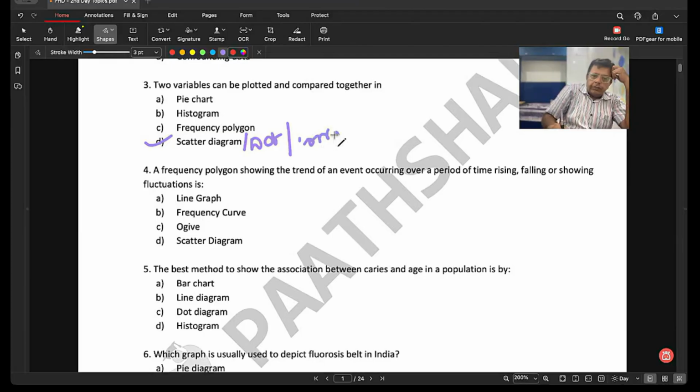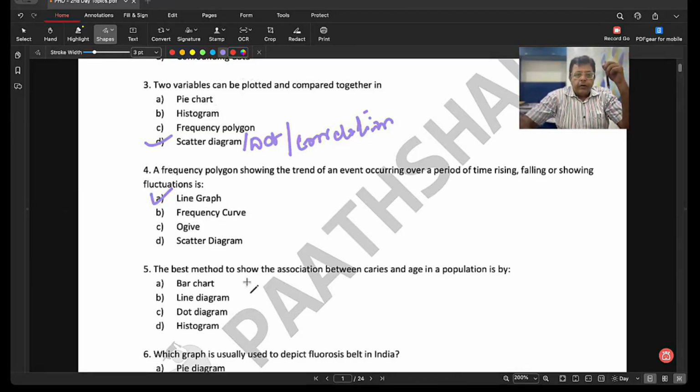That means you are correlating two different variables. A frequency polygon showing the trend of an event occurring over a period of time, rise or a fall. All of you have marked line graph. Correct, line graph is the answer for it.